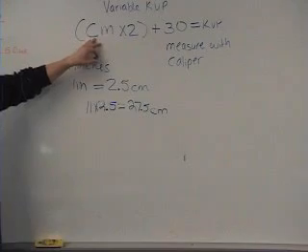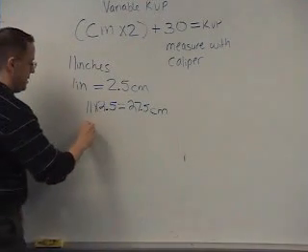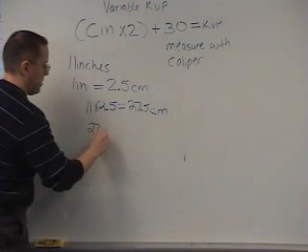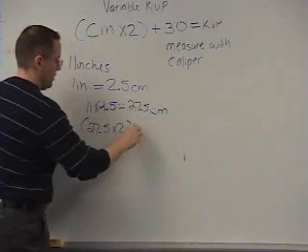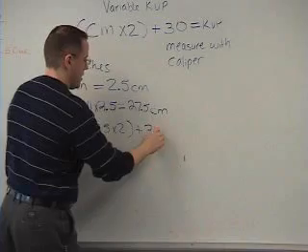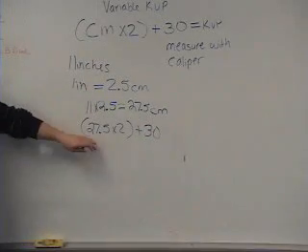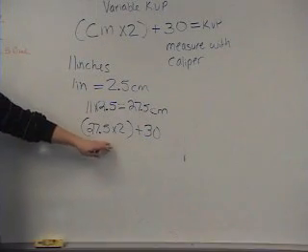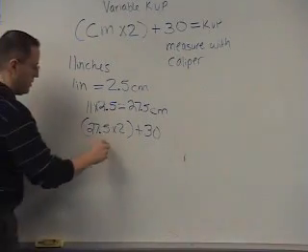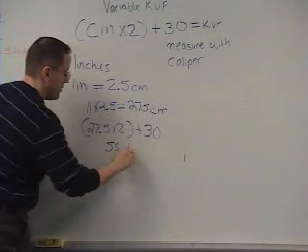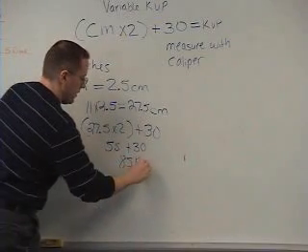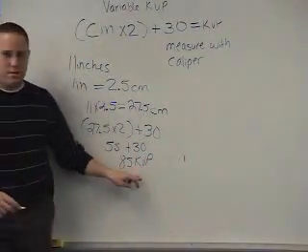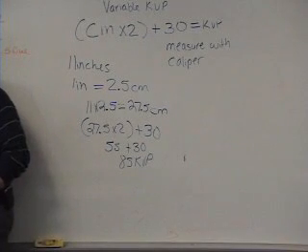Then you put it into this formula. 27.5 times 2 plus 30. That's what, 55? Okay. So 55 plus 30 is 85. Make sure you always put KVP as the unit for the answer there.